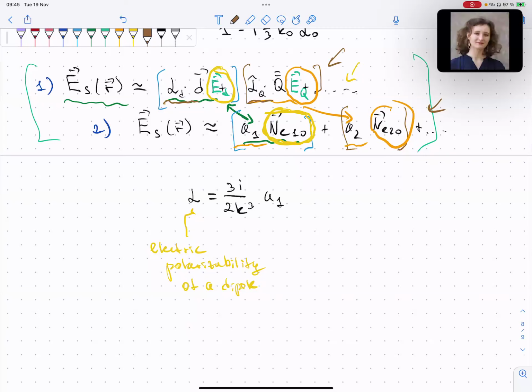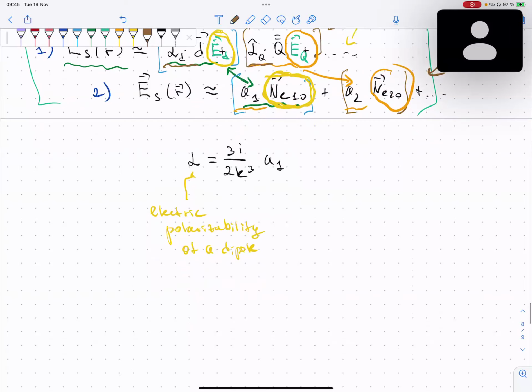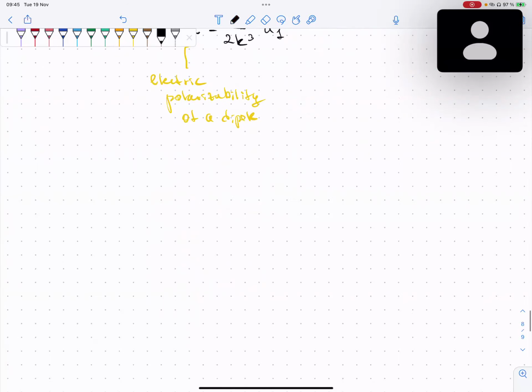Okay, can you first remind what the dipole and quadrupole electric field is, how it looks like? Basically, the electric field of a dipole can be calculated as a Green function G of r minus r0 multiplied by the dipole moment.